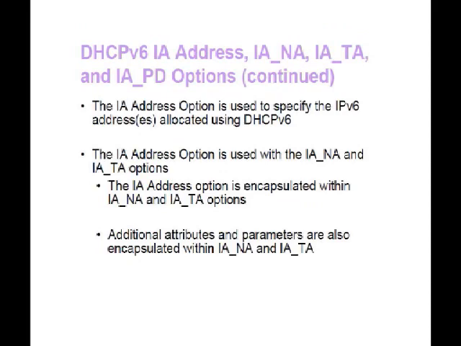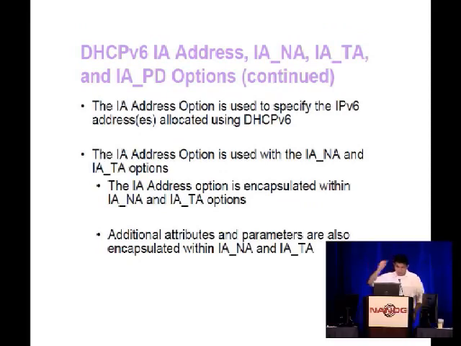So in v6 we have the ability to transmit information to clients that are generally v6 constructs, right? So we can transmit IANAs, non-temporary addresses. We can transmit temporary addresses as well as prefixes.